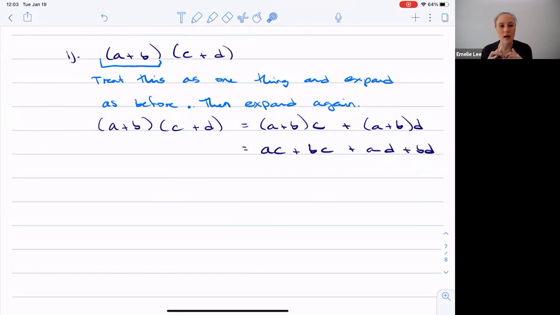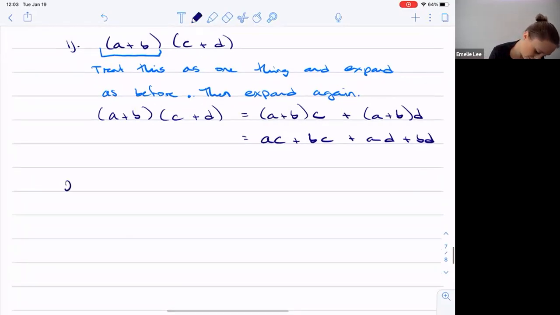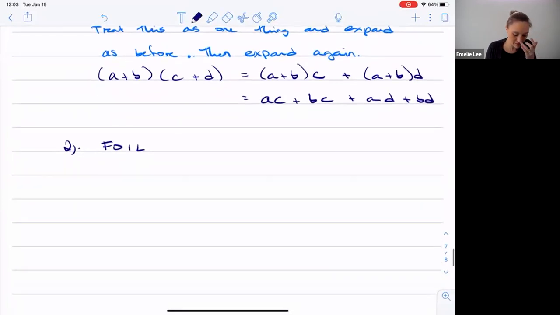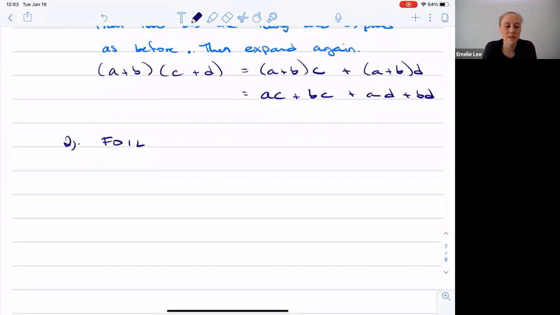The other option that you have is FOIL. First, outside, inside, last. FOIL itself doesn't really make sense, but this is how I do my expansions. So whether you call it FOIL or just expanding is up to you. But FOIL is kind of typically how it's summarized, I guess.